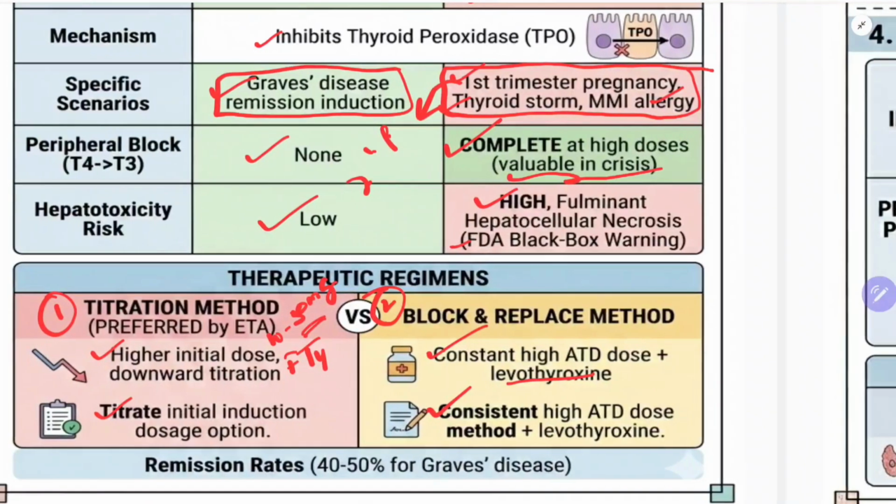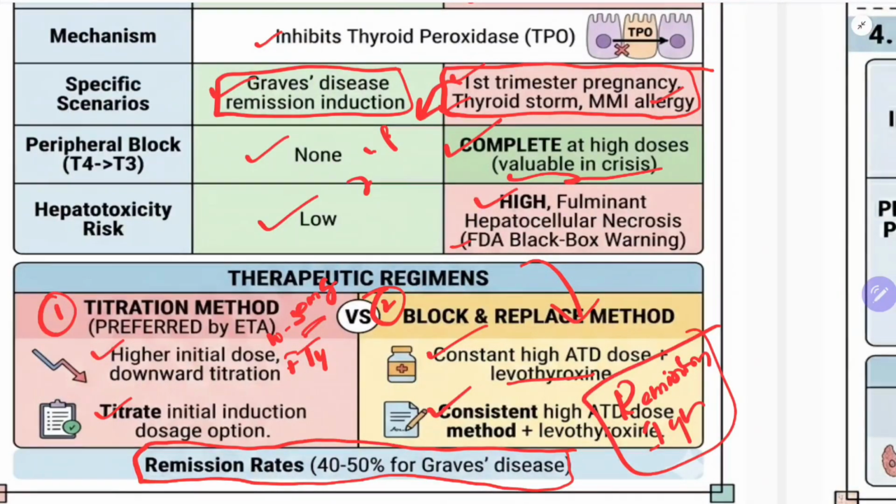Okay. Now, one thing to remember is approximately 40 to 50% of cases of Graves' disease will go into remission in 1 year. So what is the importance of that? You stop these thionamides after 1 year. So 50% of the patients will remit and 50% of the patients, the disease will relapse.